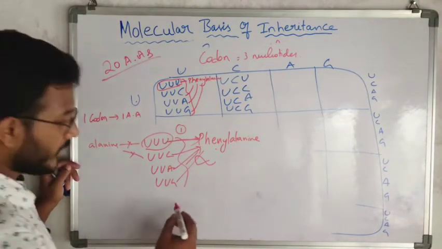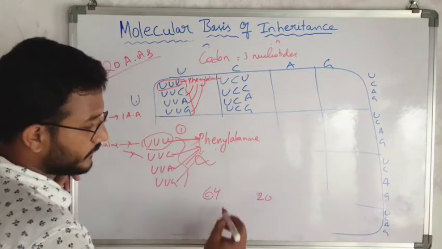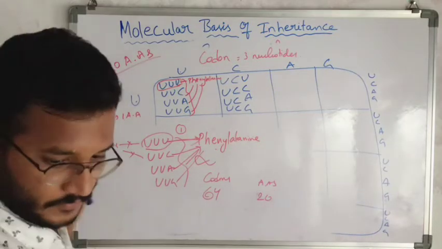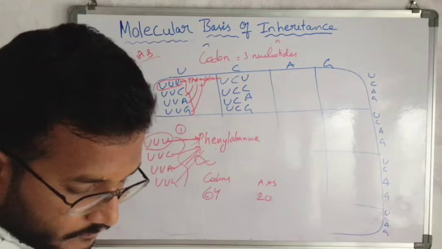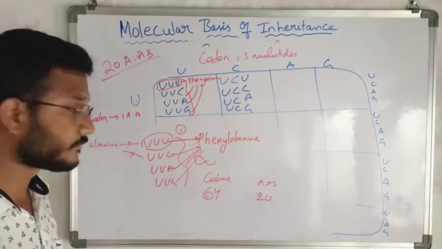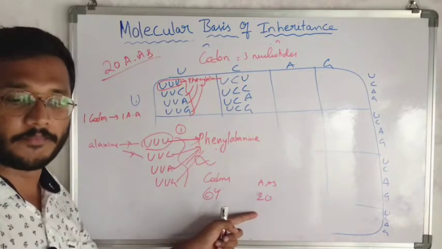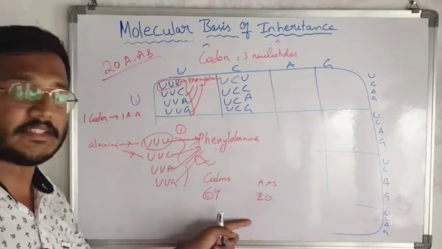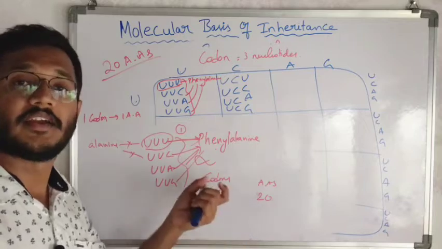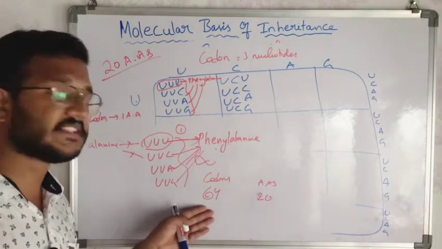So you can observe here there are 64 codons in total, but we have only 20 amino acids. So it means some amino acids are coded by more codons.